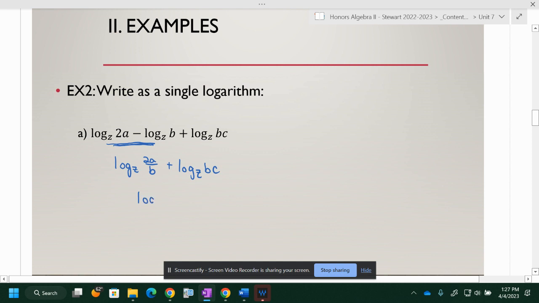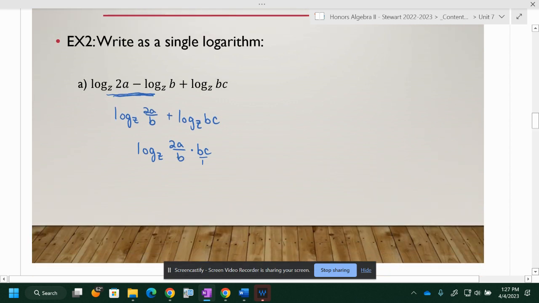So it'll be log base z of 2a over b times bc. Now don't be fooled. This is bc in the numerator. It's over 1. So now if you notice, I've got a b on the bottom and a b on top. Those will cancel out. And my final simplification will be log base z of 2ac.